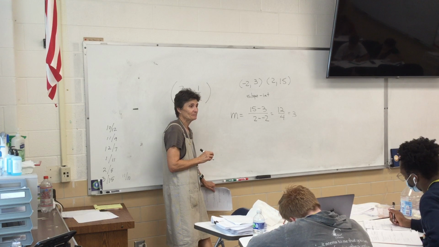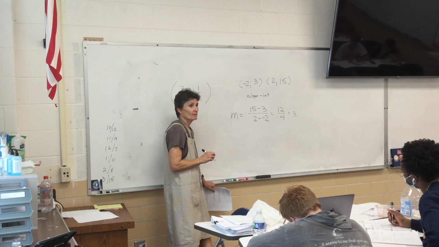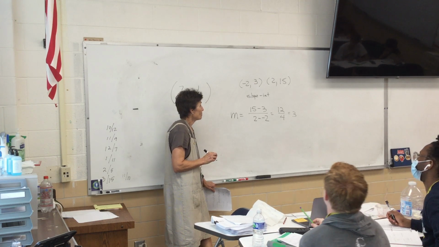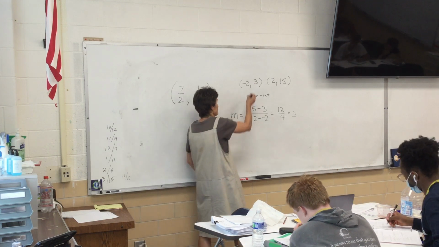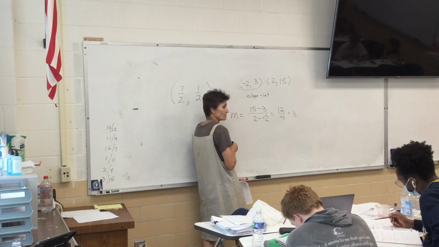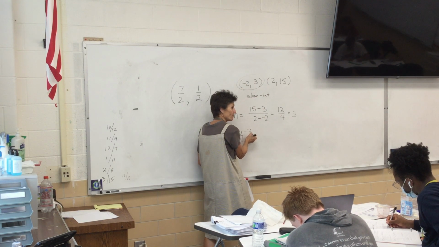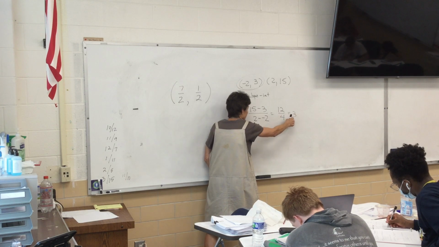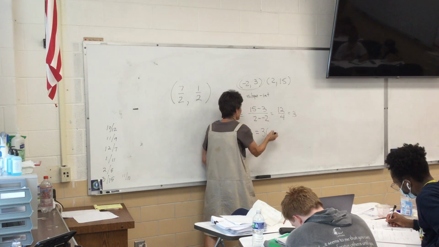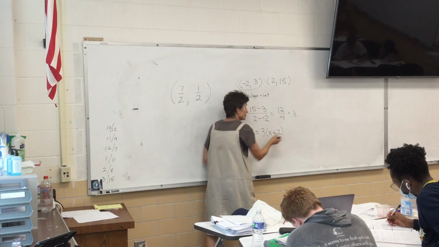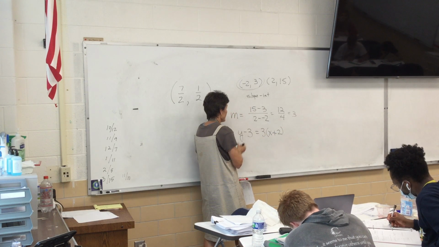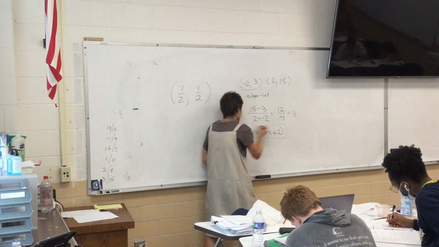Now what do we do? Plug it in. Plug what in, where, how, what am I doing? Pick a point. So let's use this one because it's got smaller numbers. And we'll do y minus 3 equals 3 times x plus 2. Now this is the point slope form.